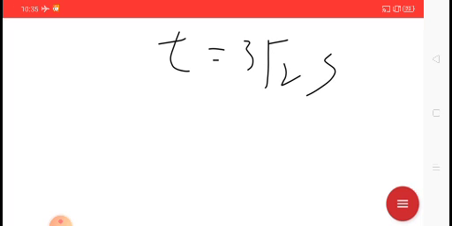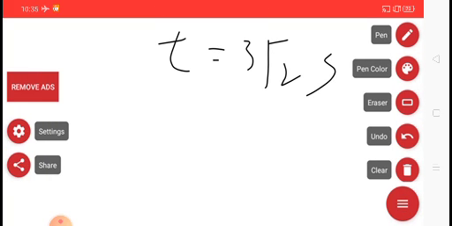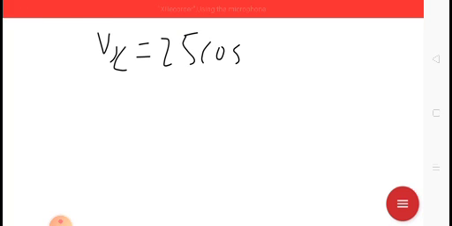For B, the exact speed of the particle as it hits the floor. You want to find the speed, but you know the time already. So we have Vx, the horizontal one, equal to 25 cos 45, which is constant. If you don't want to change to surd form, you can keep it in this form.